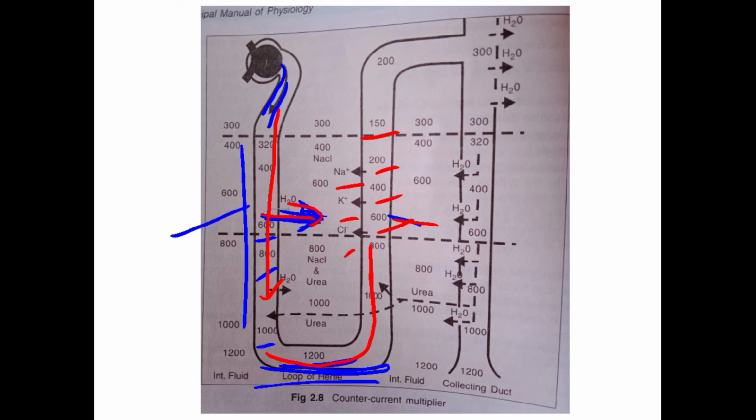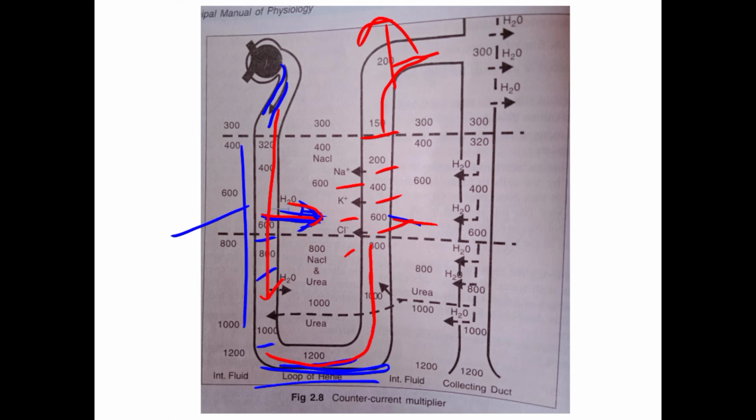In the ascending limb, sodium, potassium and chloride diffuse out, so the osmolarity decreases. When the filtrate passes through the thick ascending limb, it is impermeable to water, so water can't diffuse into the interstitium.